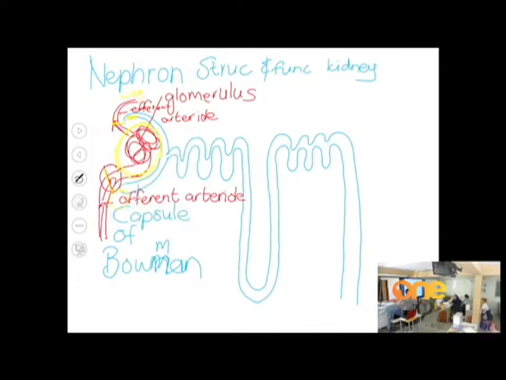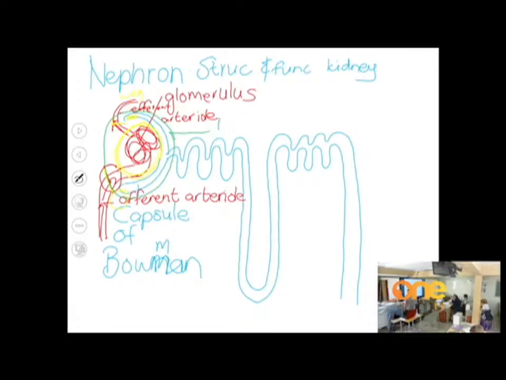Now I want you to make a circle surrounding your glomerulus and surrounding your capsule of Bowman. Okay, now I know it really looks...no, but I want you to understand your own drawing. Then you will easily study it. So if you make a circle, capsule of Bowman and glomerulus, I'm writing it in green.